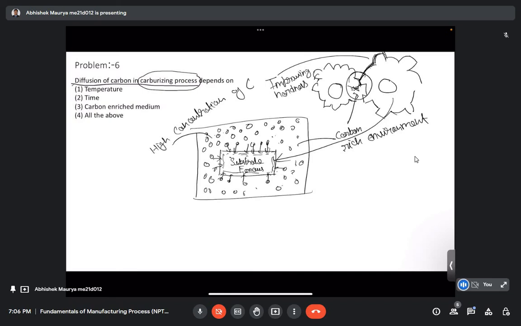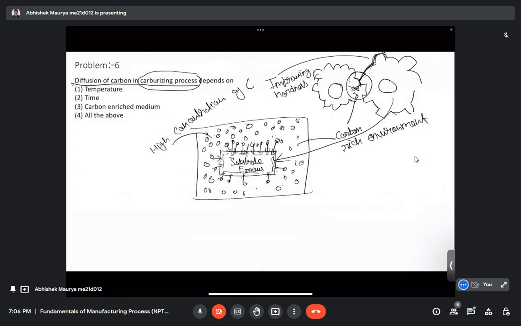And what is the diffusion process? The atoms from the high concentration region go to the low concentration region at some elevated temperature. So there is a minimum temperature which is required for diffusion to happen, and after that temperature, if you further increase the temperature, then our diffusion process will become faster.